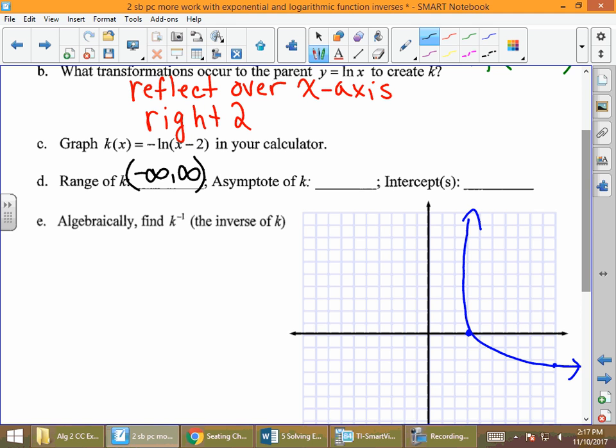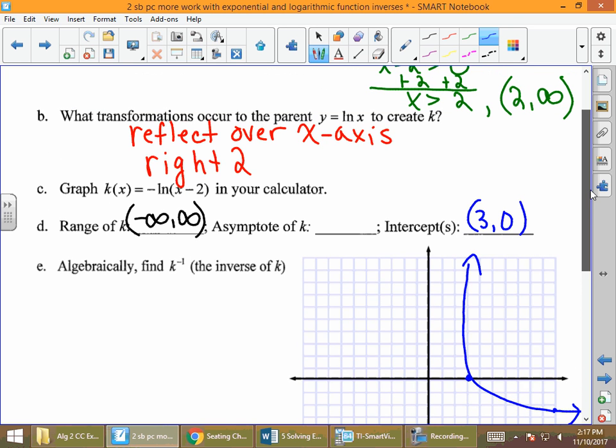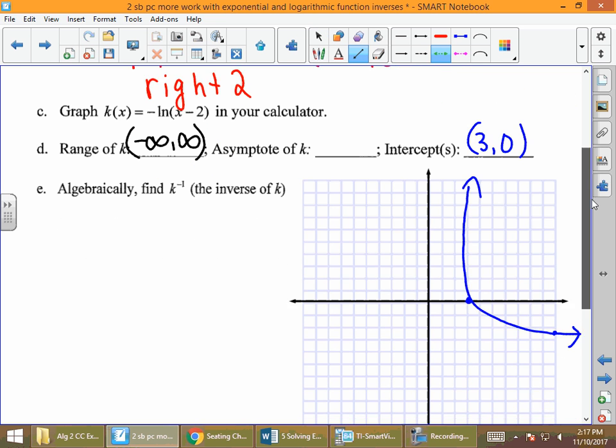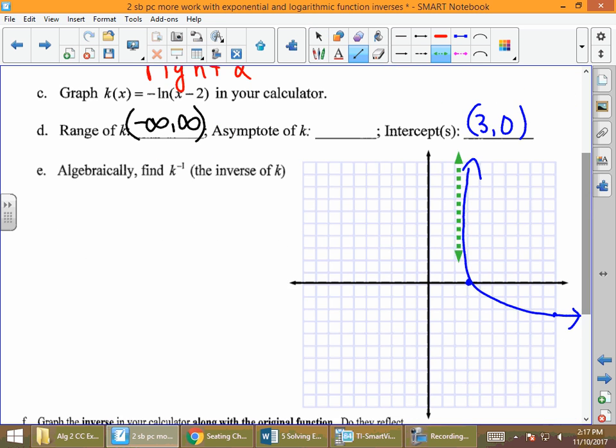Let's do the intercept here real quick. And the intercept, well, we only have an x-intercept that we can see, 3, 0. But we do have an asymptote, and it actually is here.